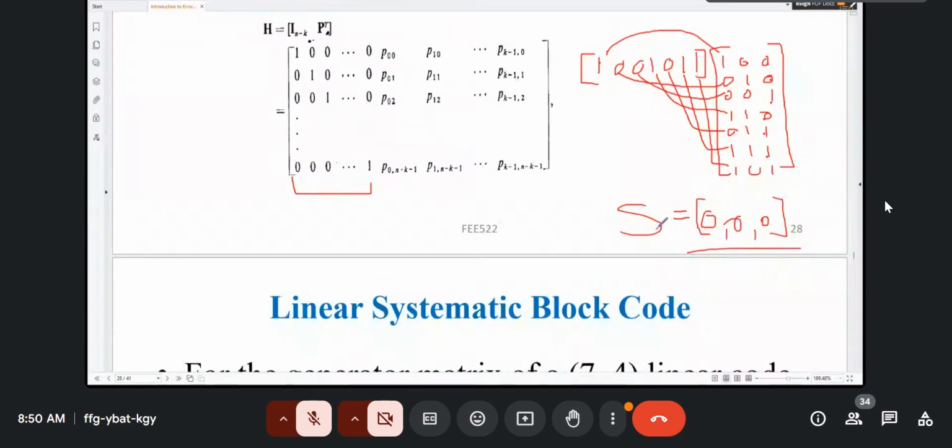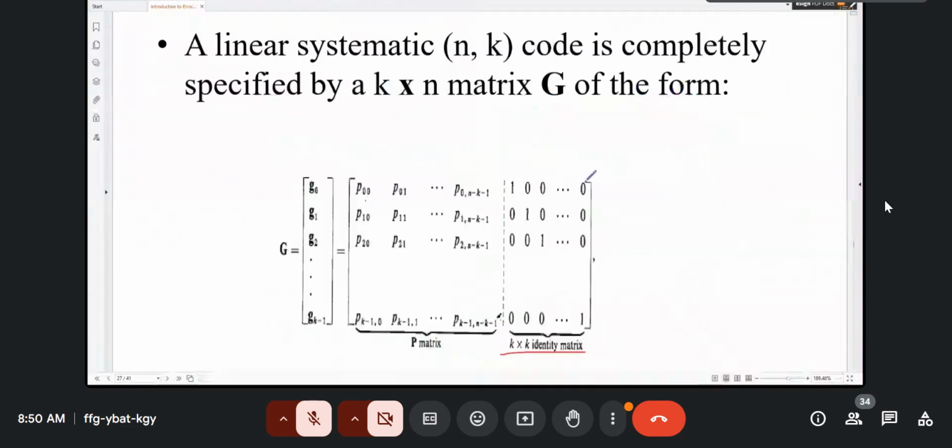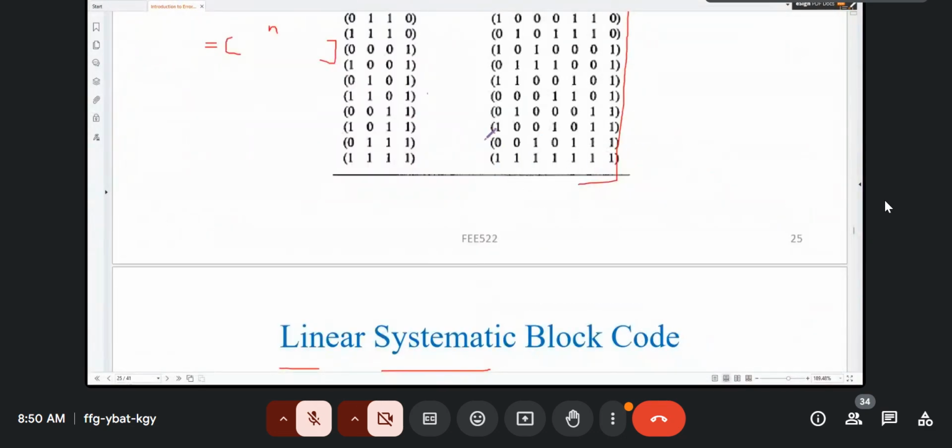Now, what is most important is that any of these code words has syndrome 0. It means if you get any of those code words, the syndrome is going to be 0.